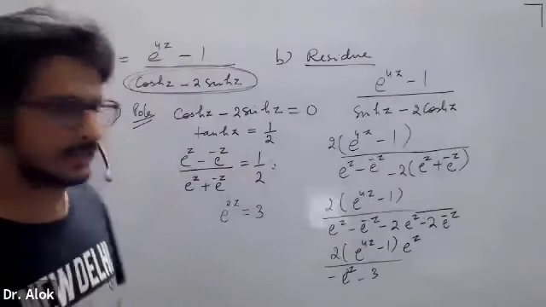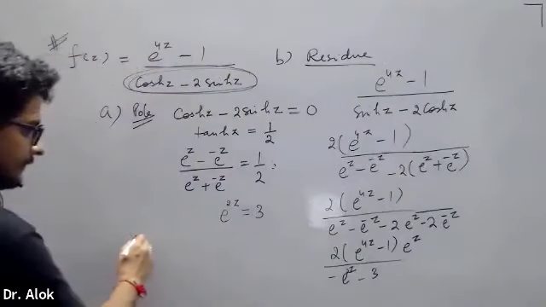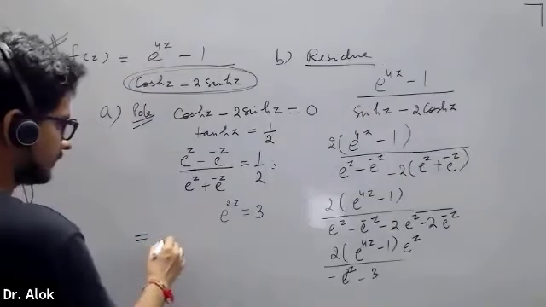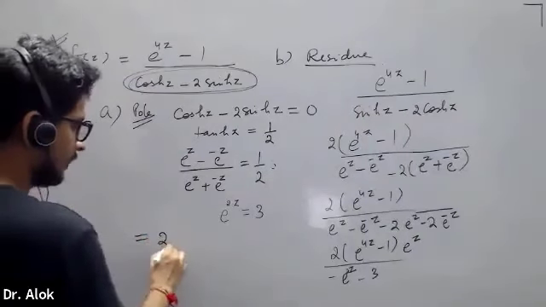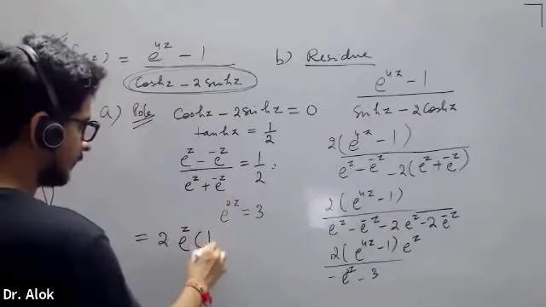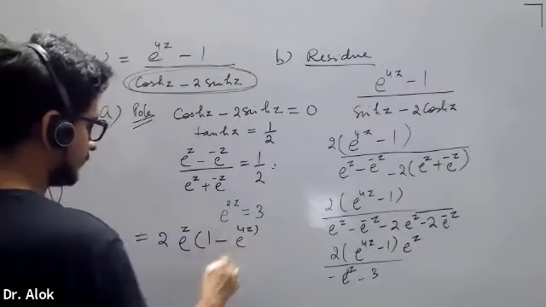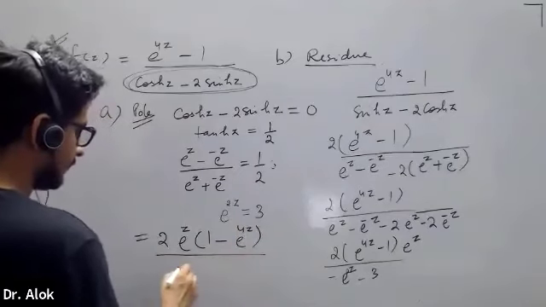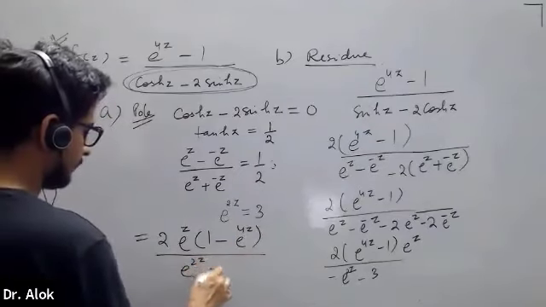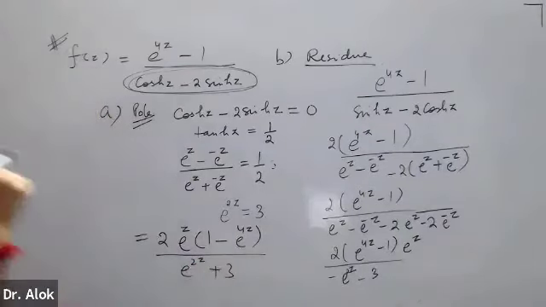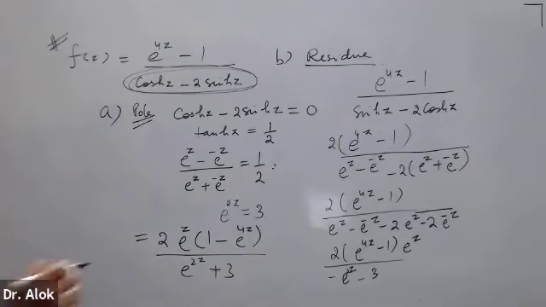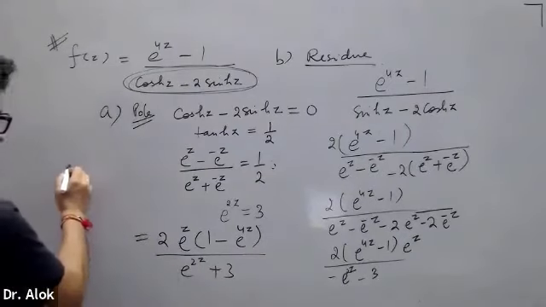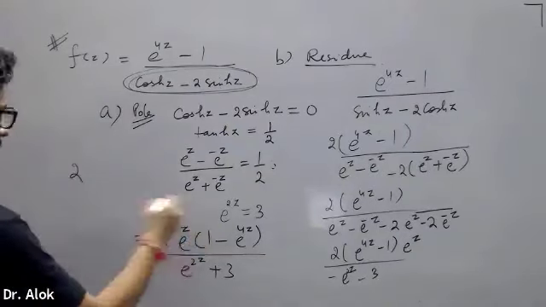Once more, keep checking as well. So it will become minus 2 e to the power z, 1 minus e to the power 4z, and upon e to the power 2z plus 3. Now put the value e to the power 2z. So 2 e to the power z will be root 3.